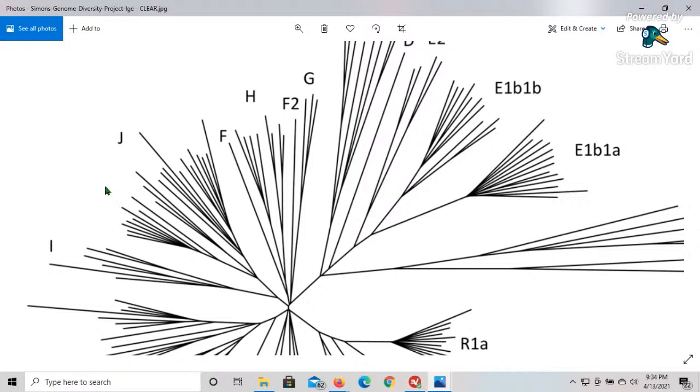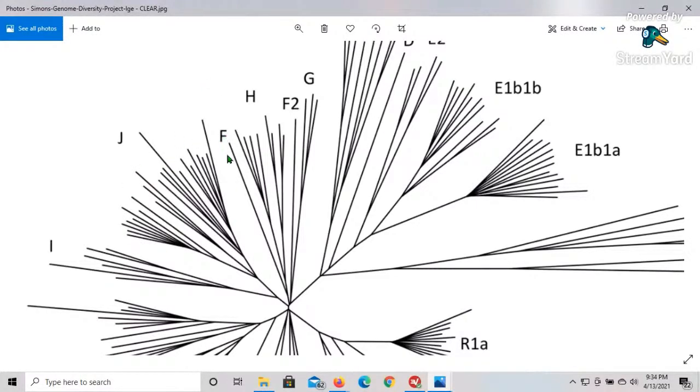J1 is Arabic, J2 is Judaic, all sons of Abraham. These I's are sons of Abraham too. And I don't know which J this is. Could be the Arabic J, it could be the Judaic J, it could be both. I don't know. I'm thinking it's one or the other because it looks like one basic family tree here.